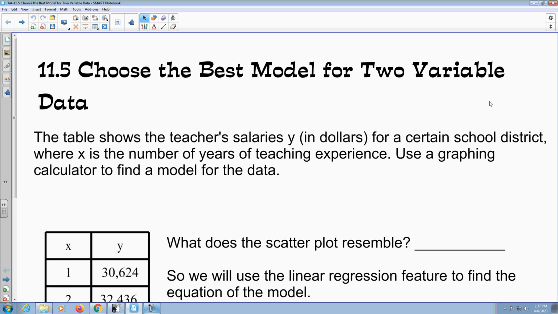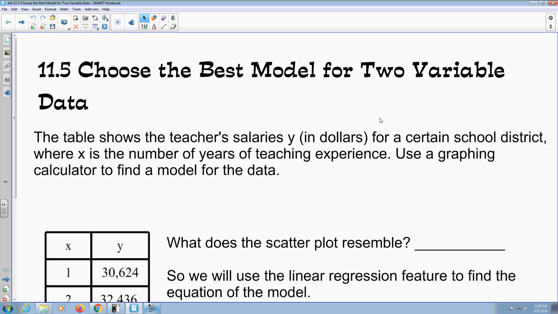Basically, we are going to look at the data on a graphing calculator and then manipulate the calculator to give us the unknowns to be able to write the equations. There are different ways of doing this.